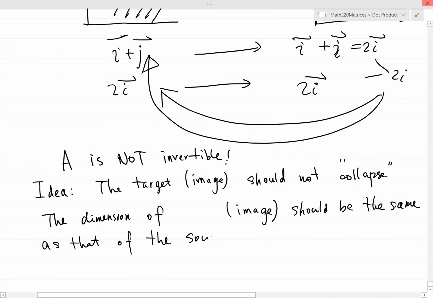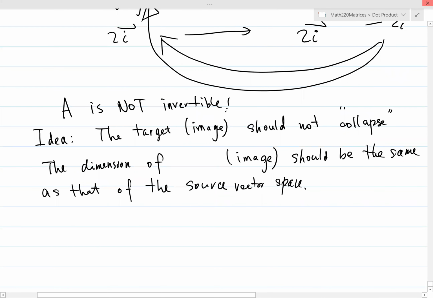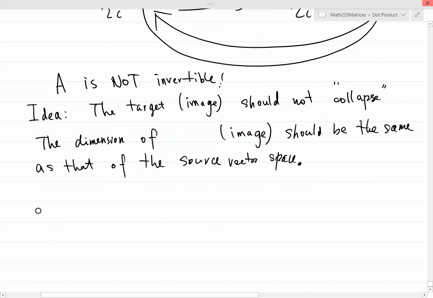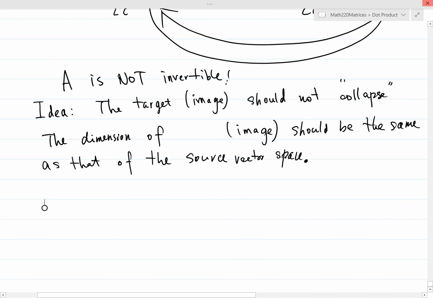Okay, to make sure the image does not collapse to lower dimension, we need to make sure the target, the image, should be as large as possible.